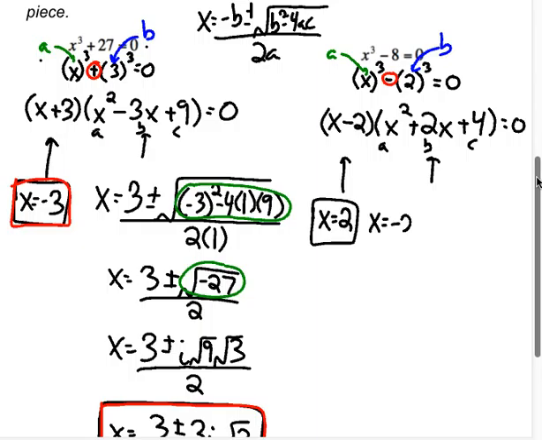Negative b, so negative 2 plus or minus b squared minus 4 times a times c all over 2 times a.